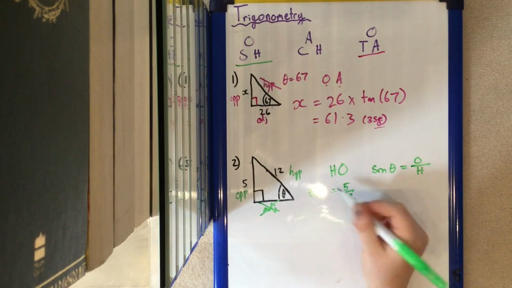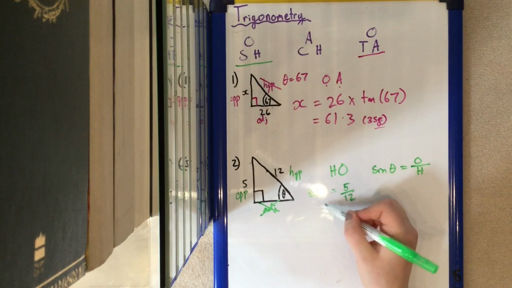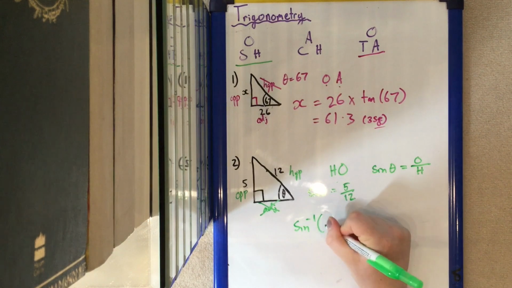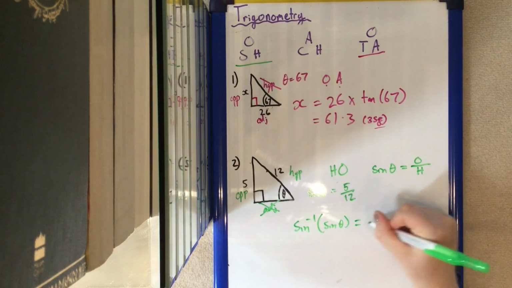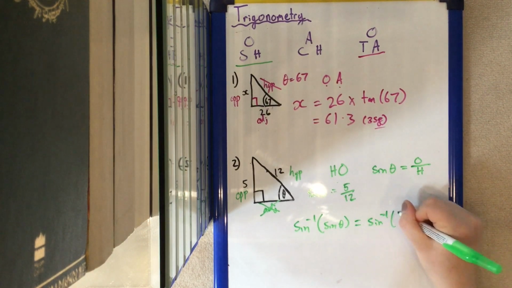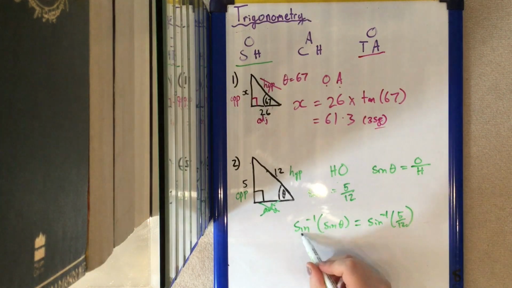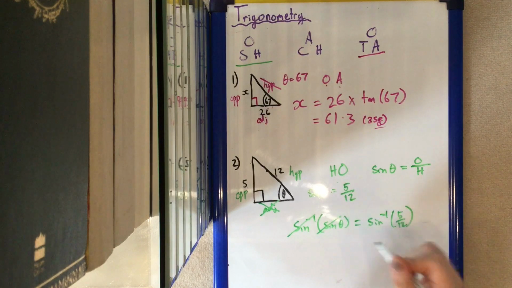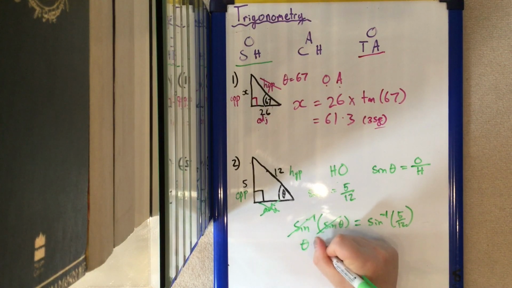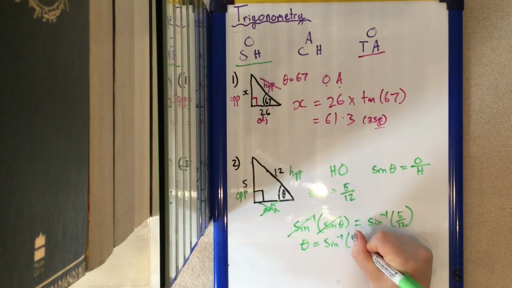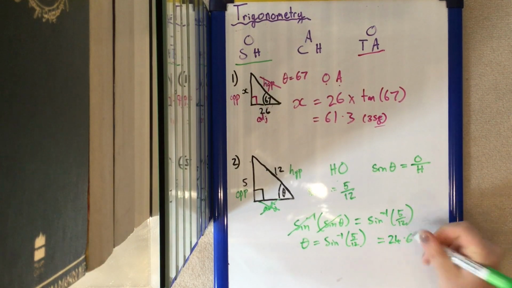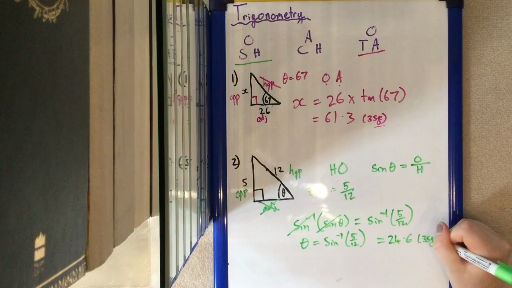What I'm going to do to deal with this is apply the reverse function of sine to both sides, and that's called arcsine. Arcsine of sine theta equals arcsine of 5/12. Now, since these functions are inverses of each other, they will cancel each other out. So theta is arcsine of 5/12, which gives me 24.6, again to 3SF.